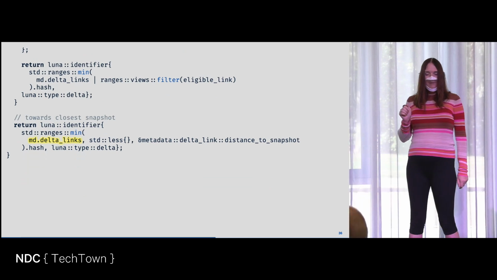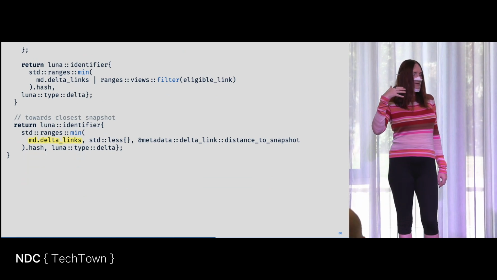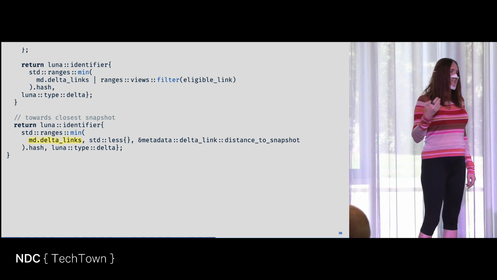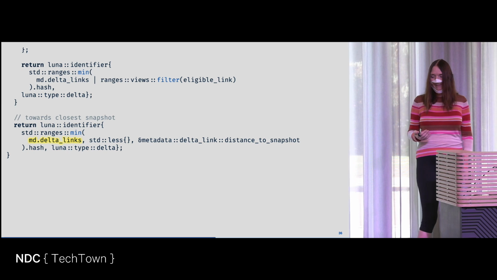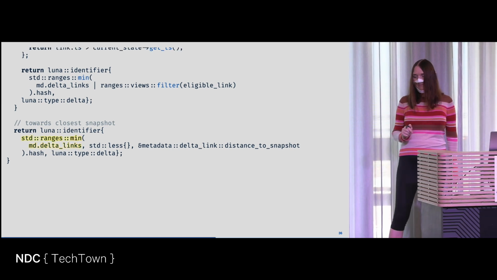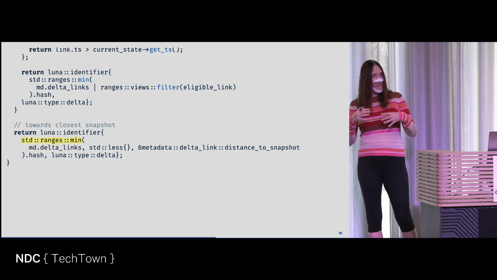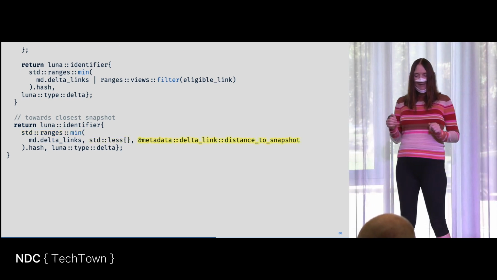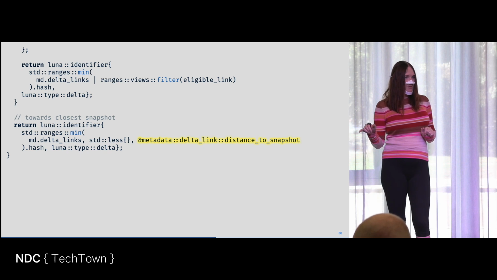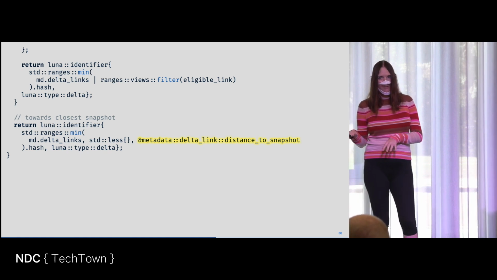But if we are doing a snapshot update, but there is no snapshot, like a full update, we also look into delta links. We also look for the lowest value, but we are looking at the distance to snapshot. This is called projection.